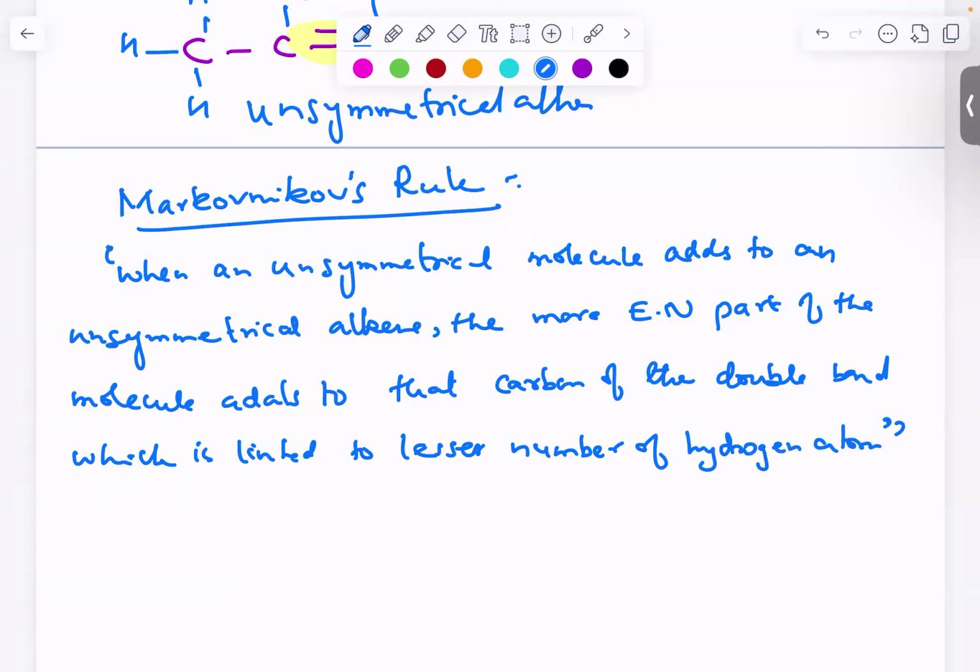This is the rule. Now, if it's not given in your syllabus, you do not need to memorize it. However, you should know what to do.